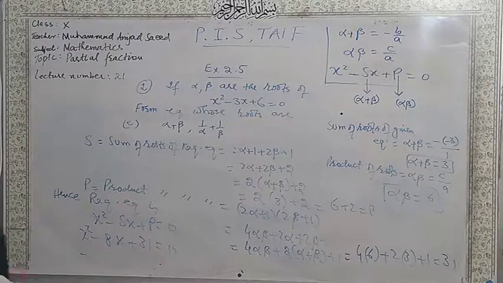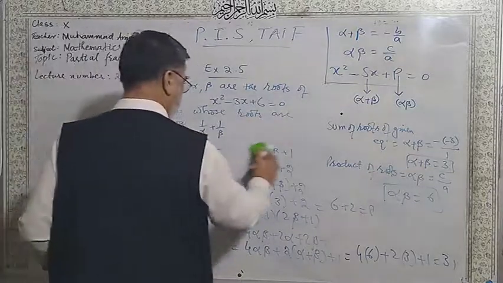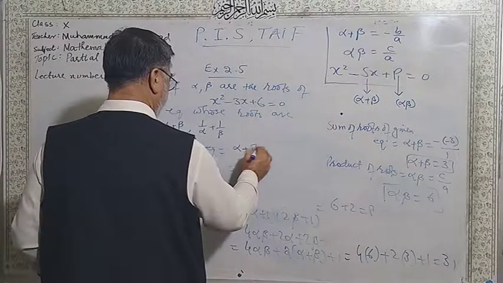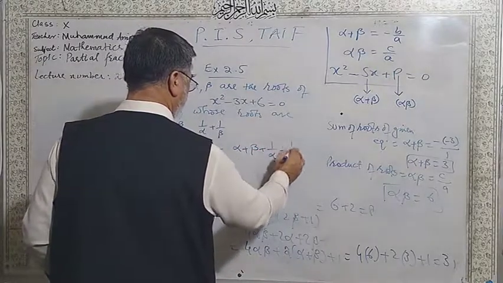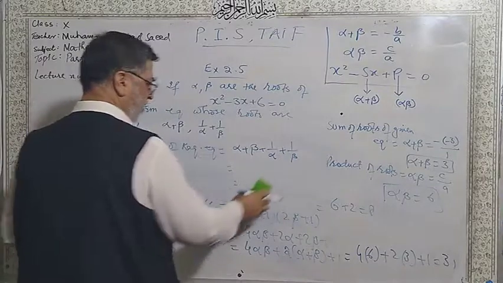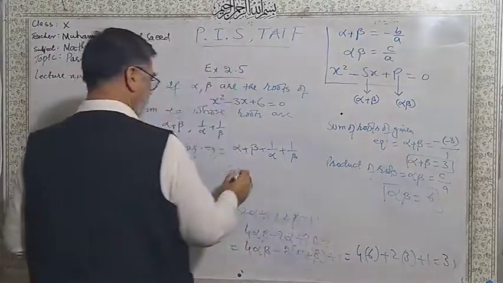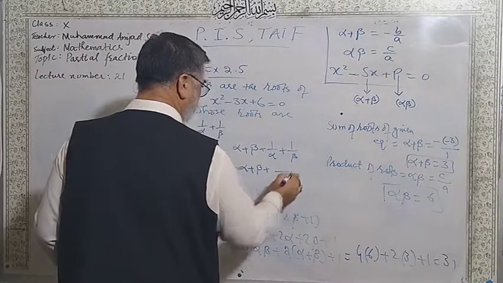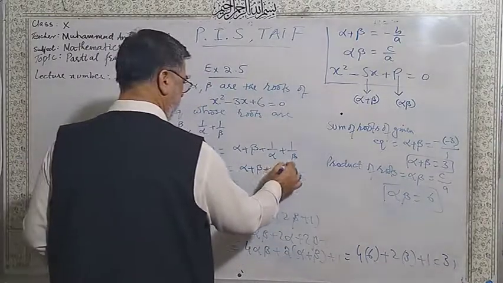S equal to sum of roots of required equation is equal to alpha plus beta plus 1 over alpha plus 1 over beta. Here is alpha plus beta. You can take alpha beta common.